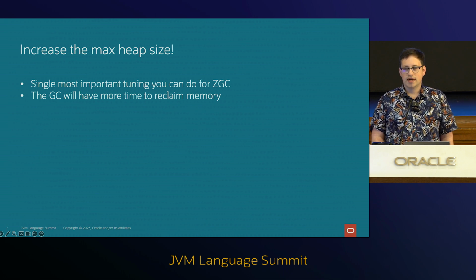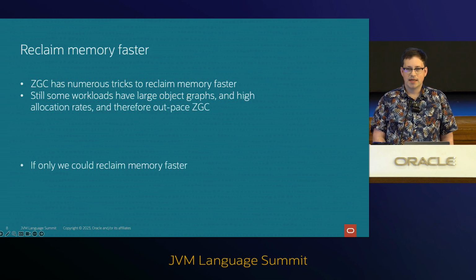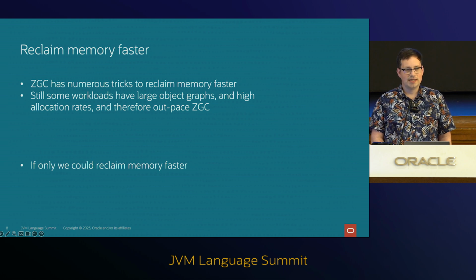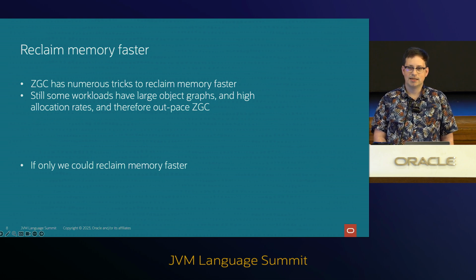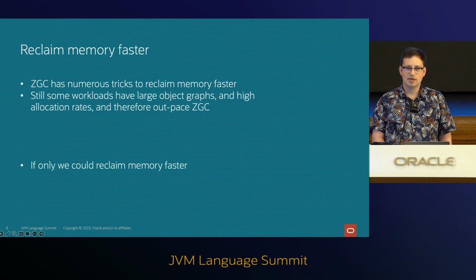So there are some ways of getting around this, such as setting a larger heap size. It essentially gives the GC more time before it runs out of memory. There are some other things you can do, like increasing the number of GC threads to make the GC run faster, but it's a little bit of a slippery slope, because if you start adding too many GC threads, then you'll start preempting the application threads, and that's not going to look very good.